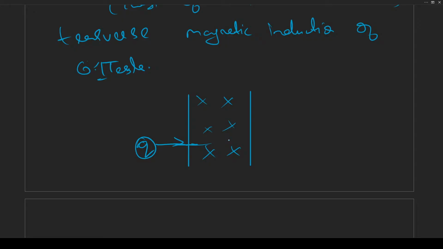To find the force acting on that particle, we need to use Fleming's left-hand rule, through which we will find that the force direction is this way. So the path of the particle will be something like this.